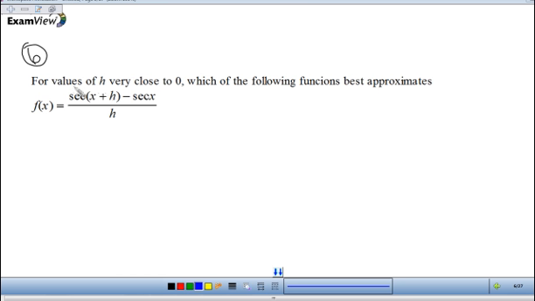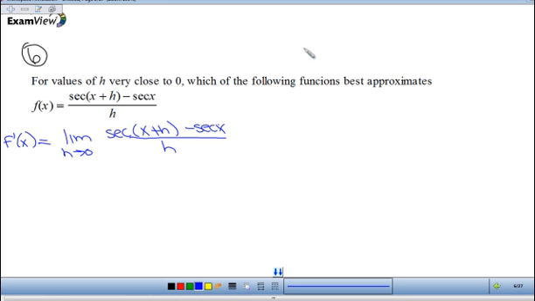Okay, for number 6, for values of h very close to 0, which of the following functions best approximates f of x? So basically what it's asking is, what is the limit as h goes to 0 of secant of x plus h minus secant of x over h? So this is basically the definition of the derivative. The definition of the derivative is the limit as h goes to 0 of f of x plus h minus f of x all over h.